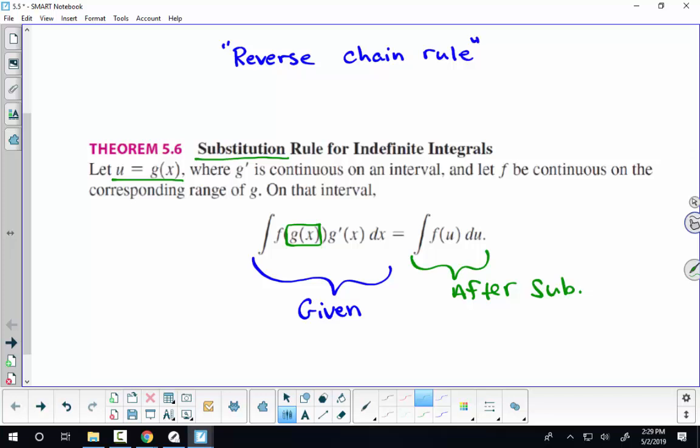So the first few examples will be a pretty straightforward representation of what we have here, f of g times g prime. And then we'll talk about the ways that we can manipulate that. But our substitution is based off of the inside function whose derivative is also present in the integral.